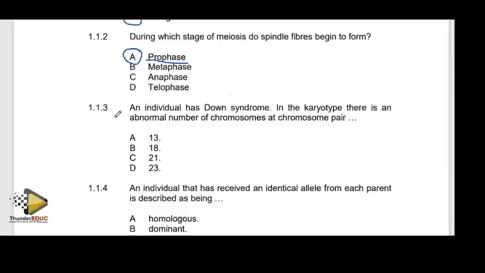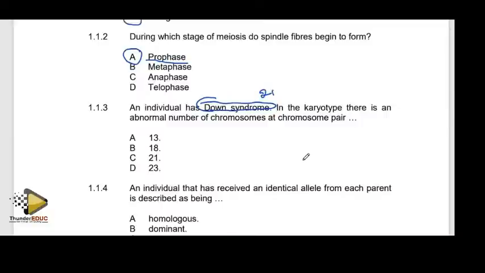Then they're saying that an individual that has Down syndrome in the karyotype has an abnormal number of chromosomes at a chromosome pair. Whenever you talk about Down syndrome, your mind must go to chromosome number 21.